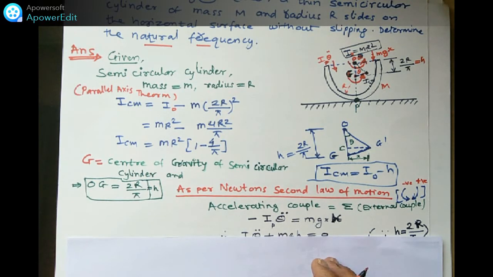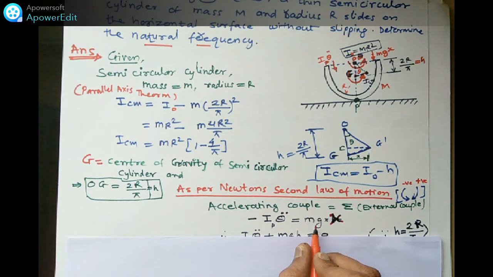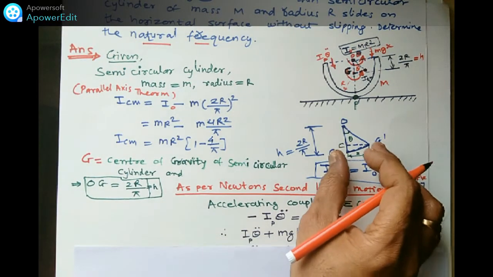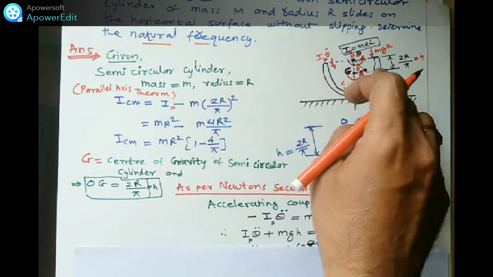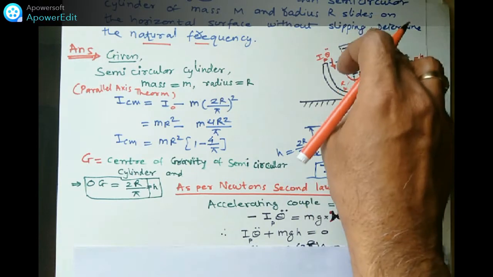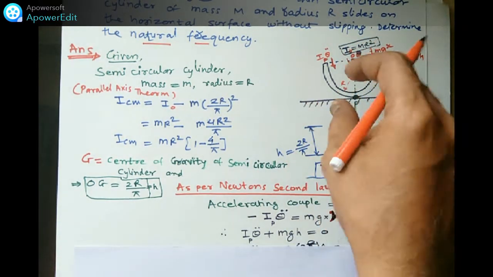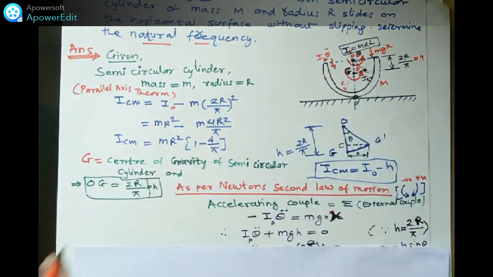And this value of x into this mg, this weight, forms the external couple. When we push it in this direction or pull it in this direction, at a distance x, it will rotate about that center G. Similarly, IP theta double dot, the accelerating couple, is equal to mg x.